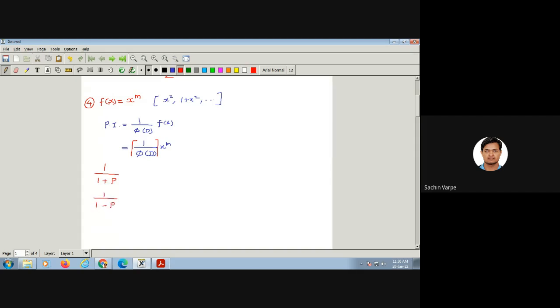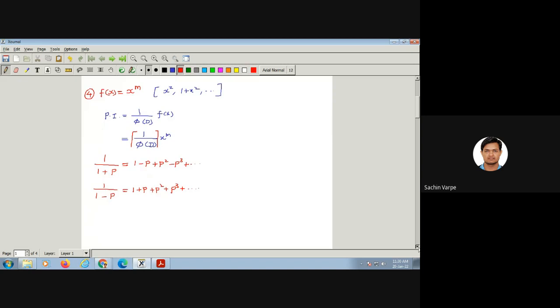One of the forms you will get, and then we expand this. The expansion of 1 upon 1 plus p is 1 minus p plus p square minus p cube and so on, and here the expansion of 1 upon 1 minus p is 1 plus p plus p square plus p cube and so on. Okay?